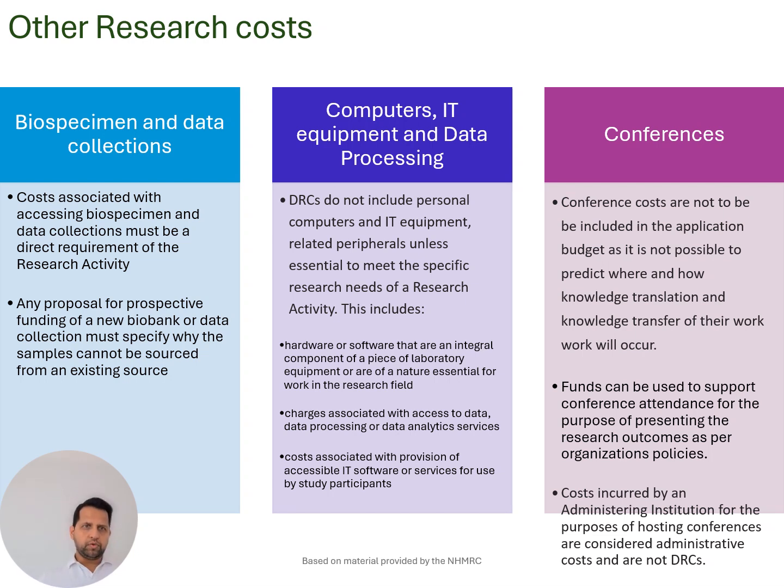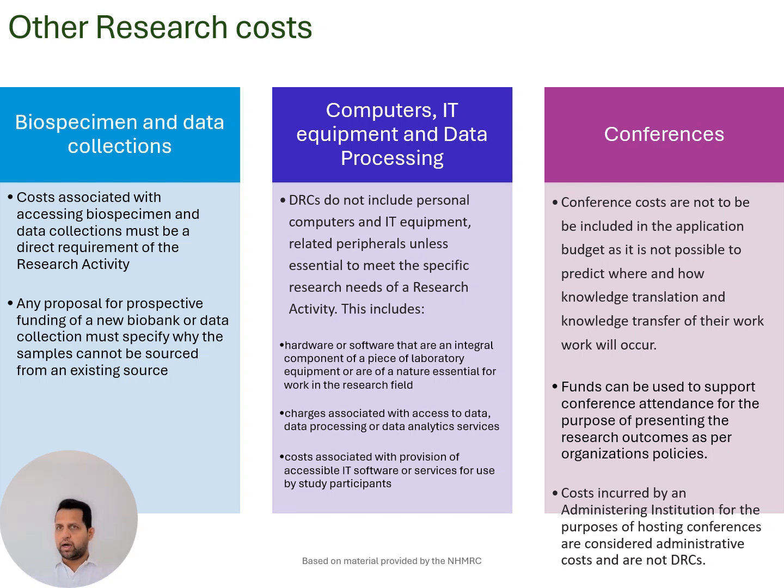Any proposal for funding a new biobank or data collection must specify why samples cannot be sourced from an existing source. So there are biobanks which you might want to access in terms of collecting data or biospecimens, and you can definitely claim those costs in your award application, because without accessing that data or those biospecimens, your research activity can't be completed, which means they're directly aligned with the research activity.